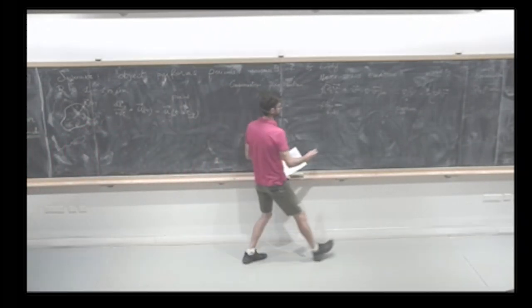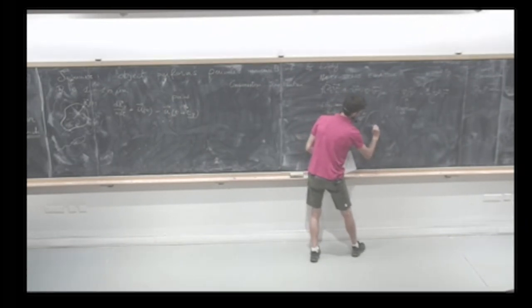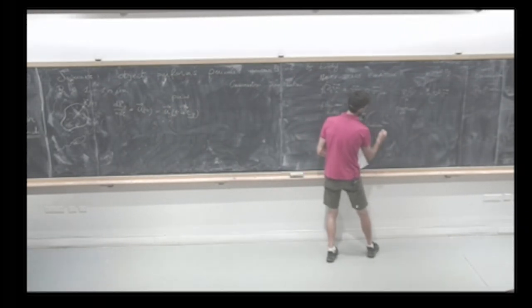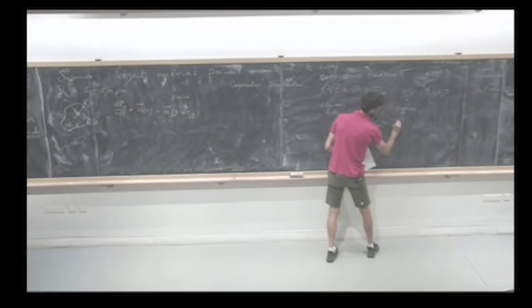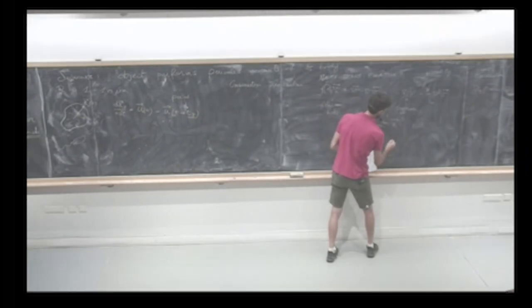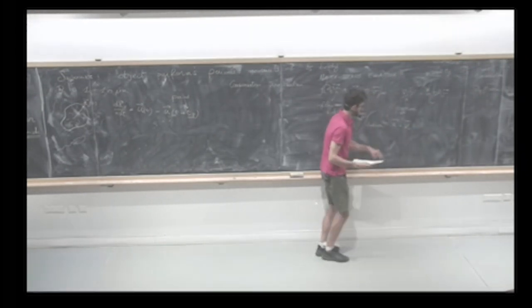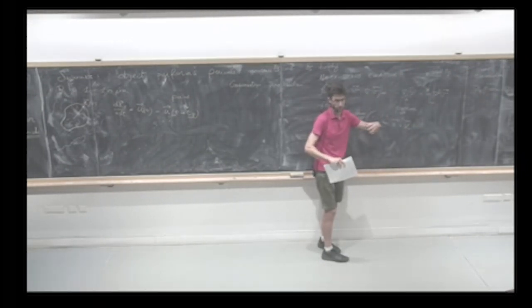So the velocity of the fluid on the surface of the particle at any time must be equal to the velocity of the body, which I called u, plus the velocity of the center of mass of this object.